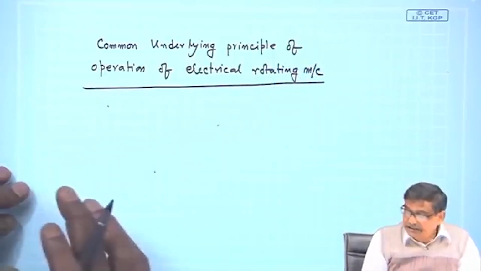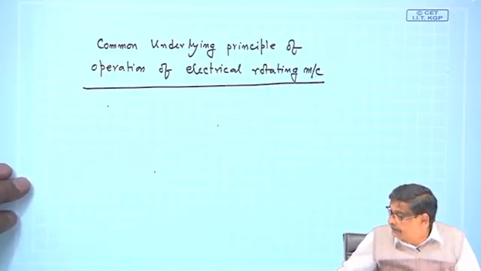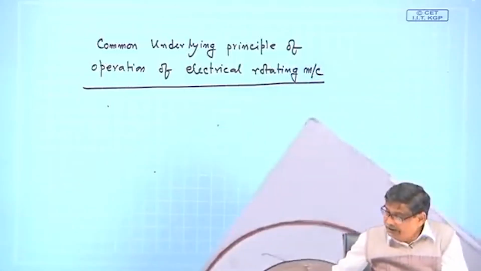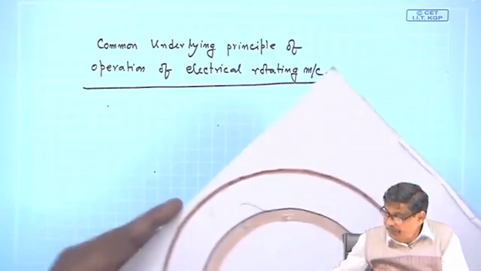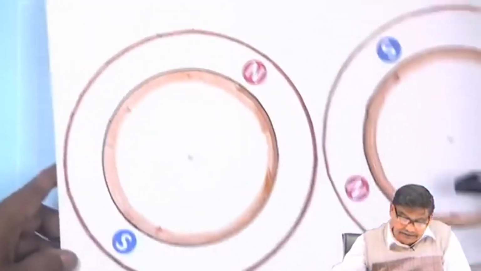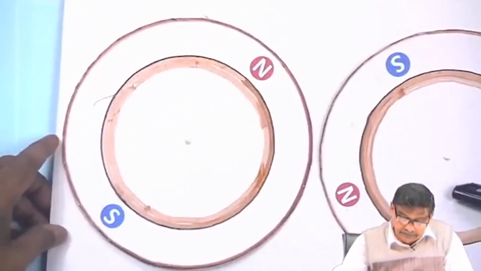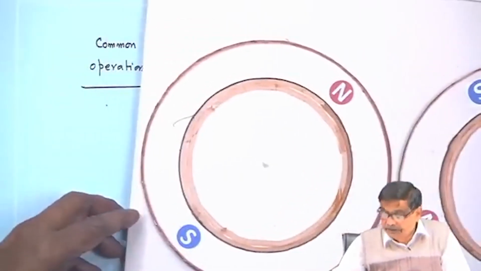At least one condition is very easy to understand. Now, what I am going to show you is this diagram, you just look at.